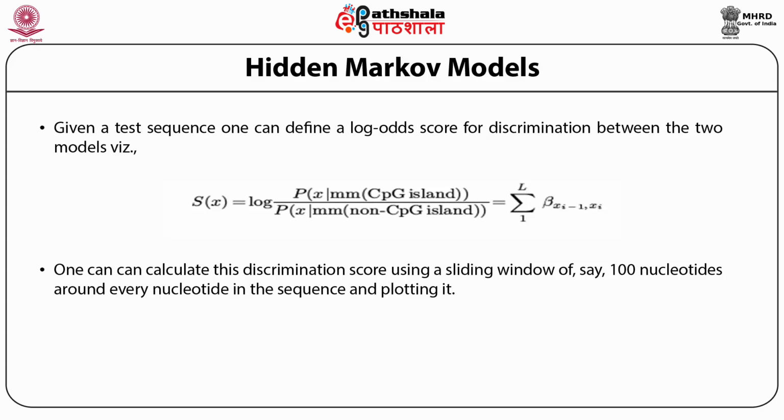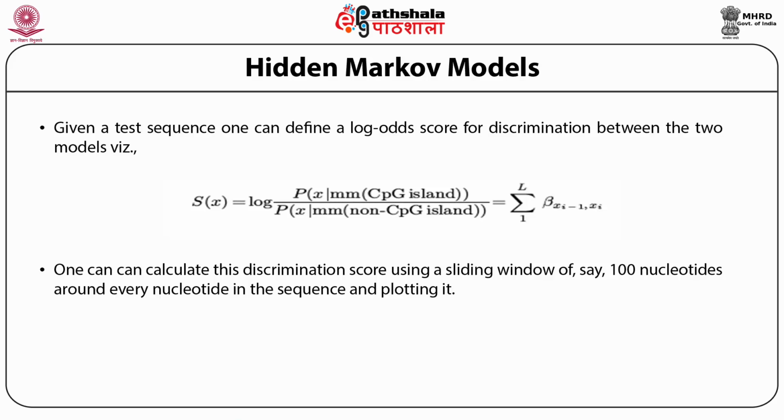But this approach has a little problem: the boundaries between CpG islands and non-CpG islands are not clearly identified, because if your window length is rather big, as you move from the boundary of CpG to non-CpG, your score is slowly, in a smooth fashion, coming down. So this does not allow you to identify the boundaries. And most of the time, that is very important. So the length of the window reduces the sharpness of the signal.